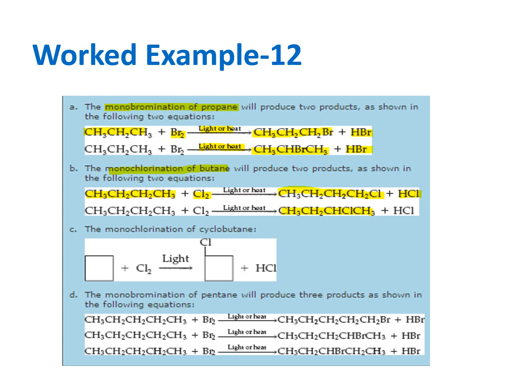Next, monochlorination of cyclobutane. It's butane in the cyclic form, which has 4 carbons. One chlorine will replace a hydrogen and is attached to this carbon. It's a cyclic structure, so it doesn't matter where we place the chlorine, it will still be the same, and hydrogen chloride again will be the other product.